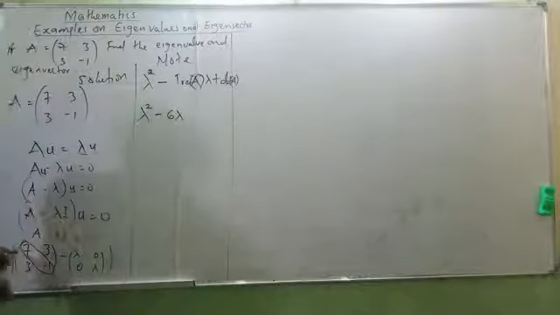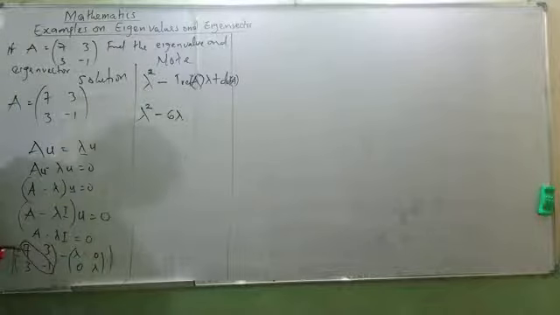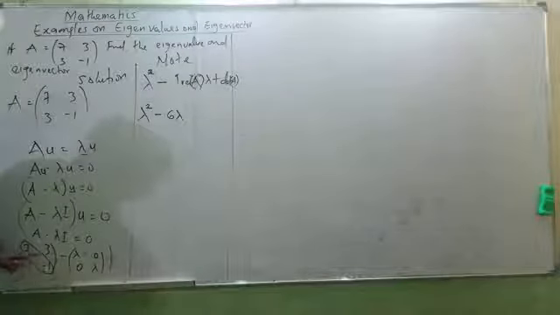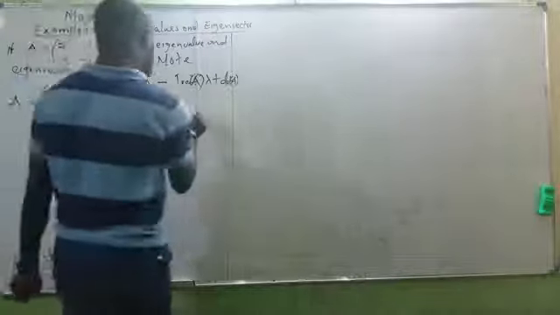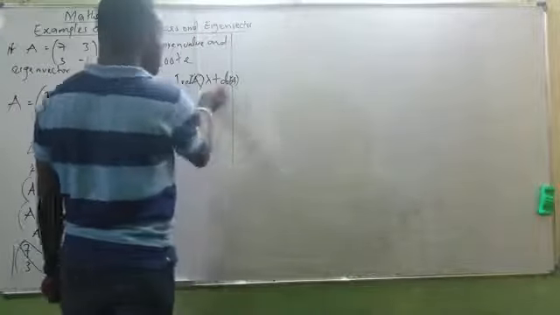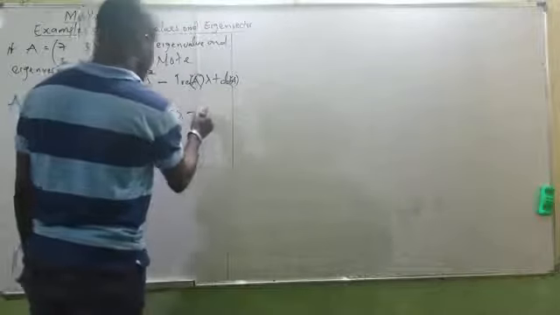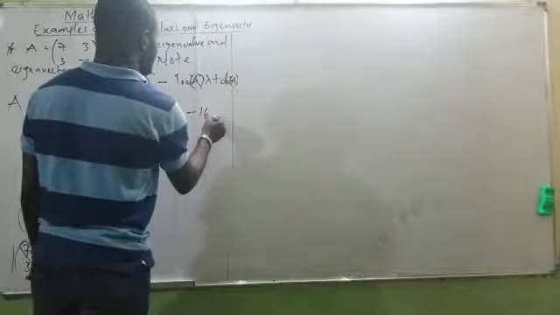Now, what is the determinant of this given matrix? This times this, I have minus 7, and minus 3 times 3 is minus 9. Minus 7 minus 9 will give me minus 16. Now I will be having minus 16, because this is plus, which is going to be minus 16. Lambda squared minus 6 lambda minus 16 equals 0.